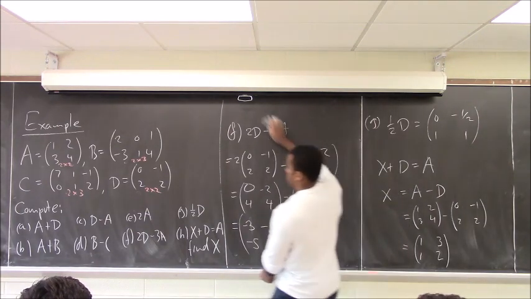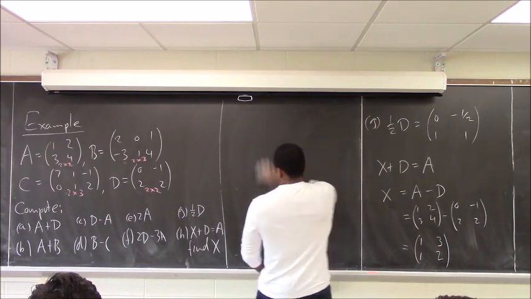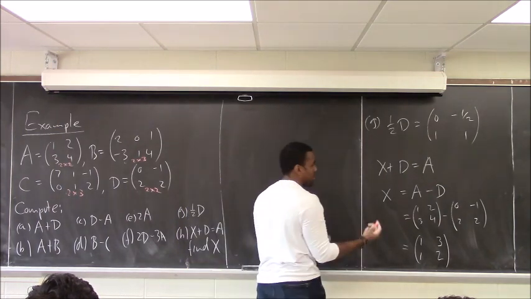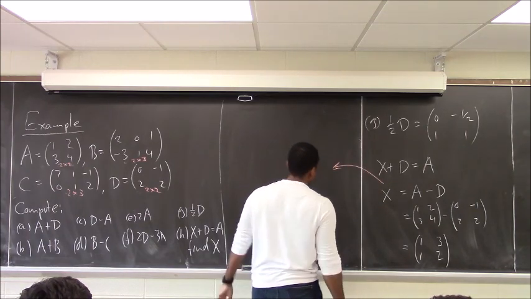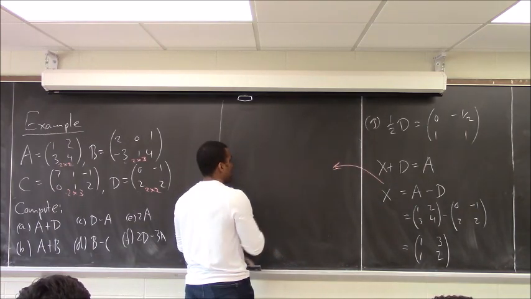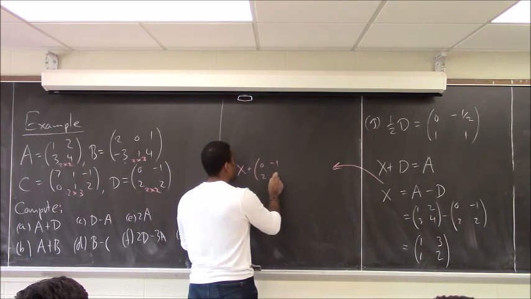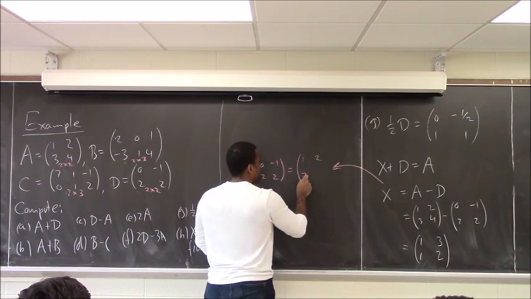But I do want you to appreciate what happened here. There's going to be a reason why, even though it's like, why are you torturing us, Jhevon? Come on, it's obvious. So here's what actually happens. You had X plus [0, -1, 2, 2] equals [1, 2, 3, 4].